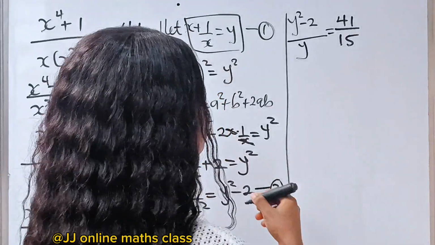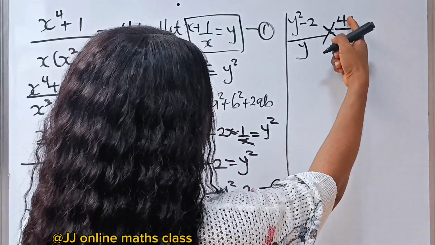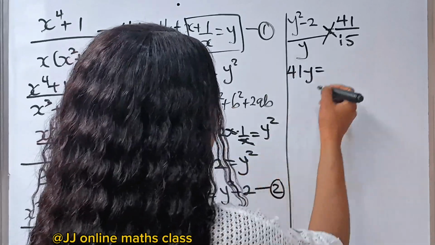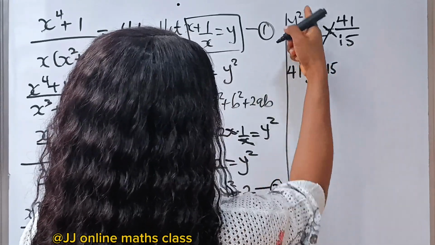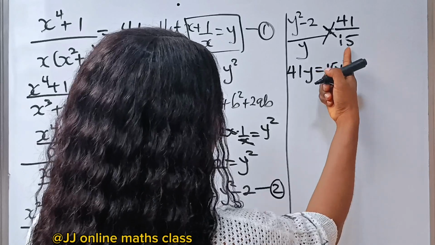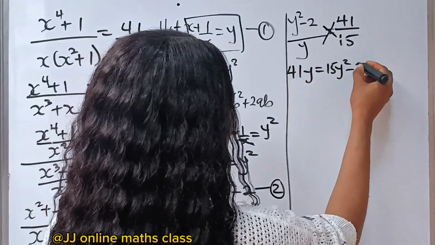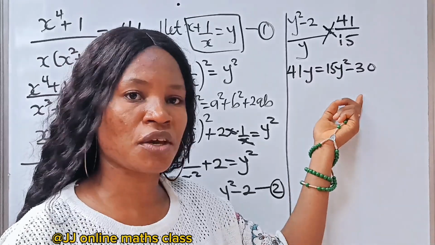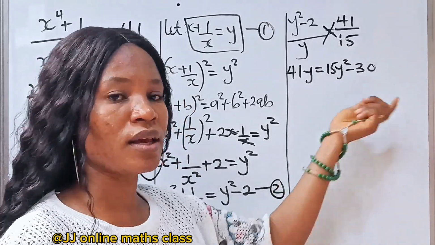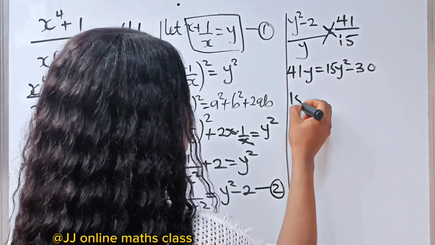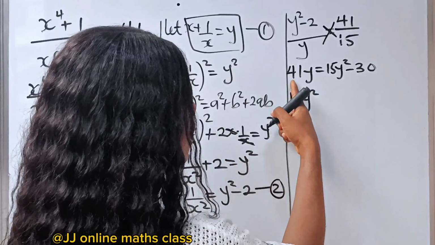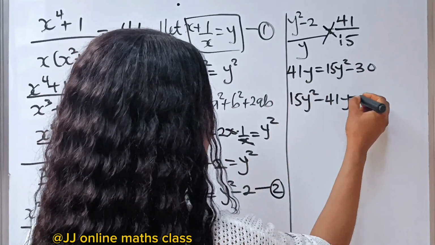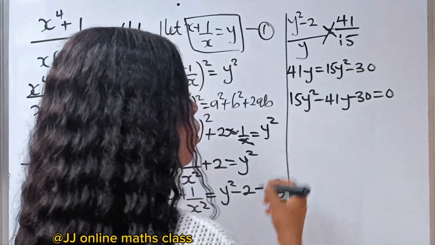Now let's cross multiply. We have 41 times y, which is 41y, equal to 15 times y squared, which is 15y squared, and 15 times minus 2, which is minus 30. Notice that we are forming a quadratic equation, so let's arrange it properly: 15y squared minus 41y minus 30 is equal to 0.